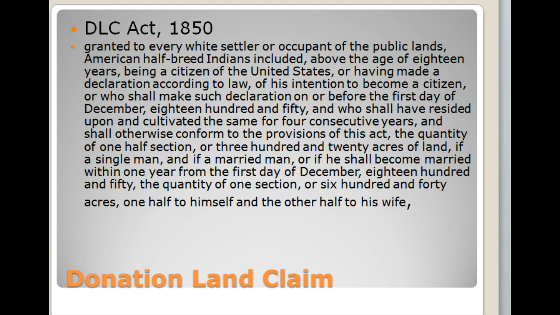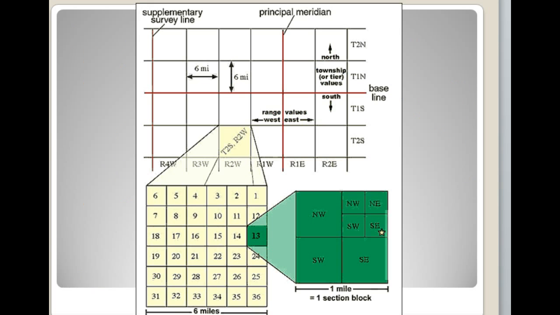But what happened is some of the best land got subdivided into very many multiple smaller sections. So when the surveyors came through, they would grid out this regular 36 section area, and then if there were any prior claims or donation land claims spotting in the land, then they would start numbering those.